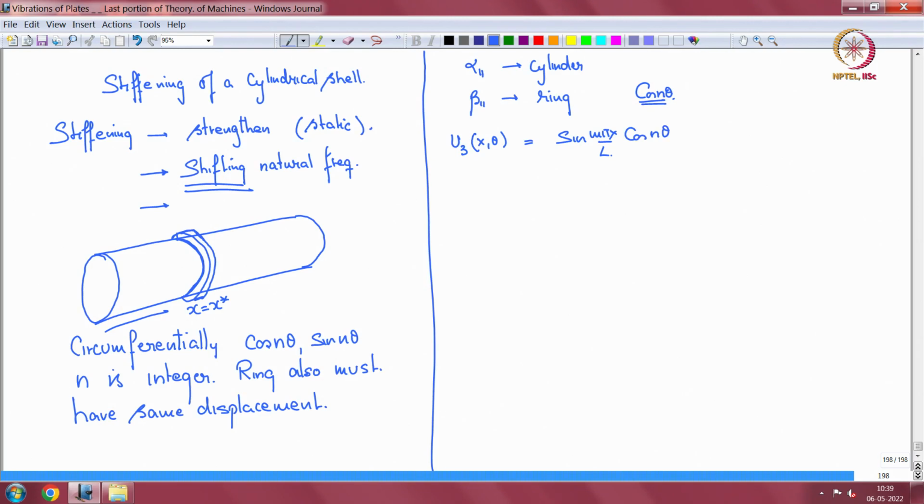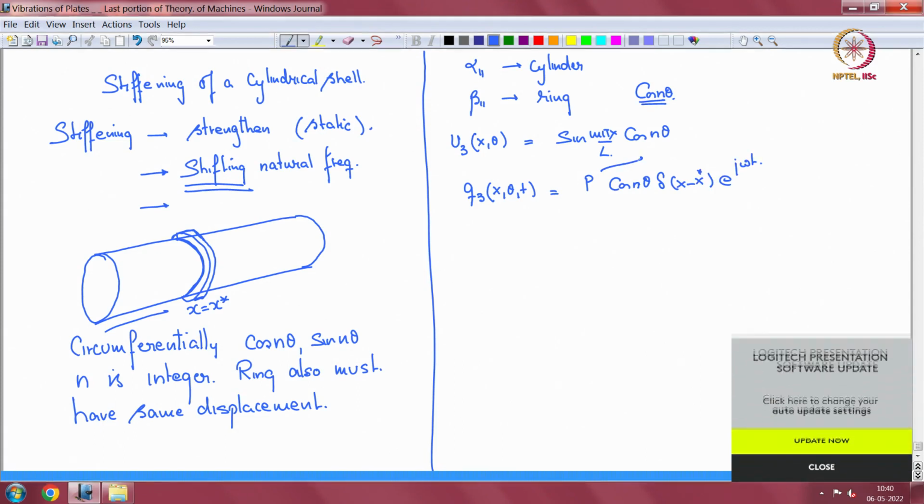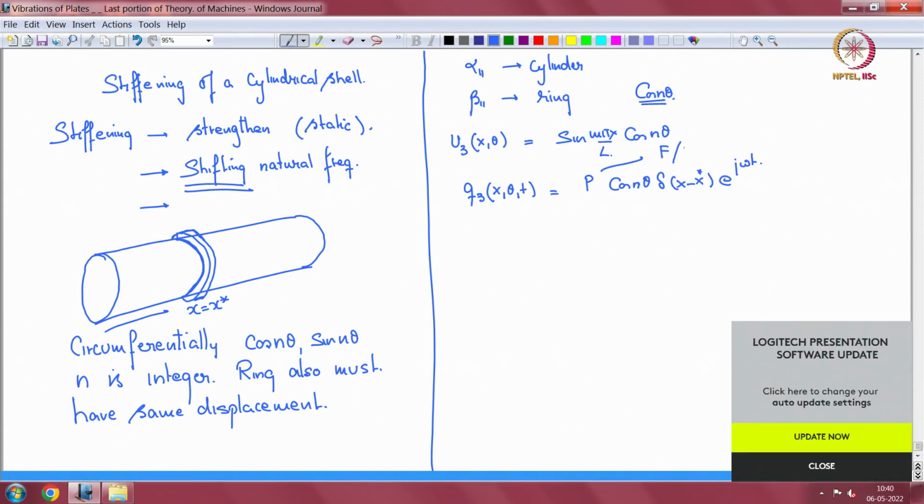So, now I will find alpha 1 1, the receptance for the shell, using this forcing, P cos n theta delta of x minus x star e to the power j omega t, and this has units of force per unit length.